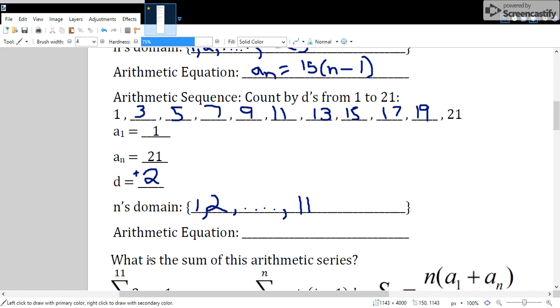And so our arithmetic equation would be a of n equals a1, which is 1, plus 2 times n minus 1. And that's our equation.